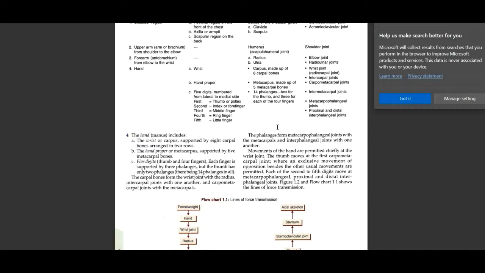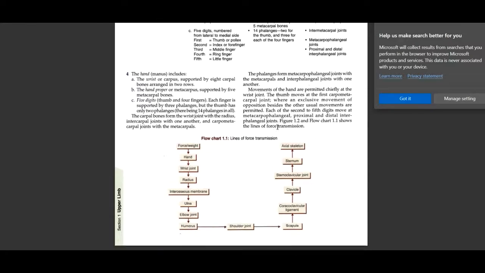Let us see the joints. Carpometacarpal joint, intermetacarpal joint, metacarpophalangeal joint, proximal and distal interphalangeal joint. The hand, manus, includes the wrist or carpus supported by 8 carpal bones arranged in 2 rows.